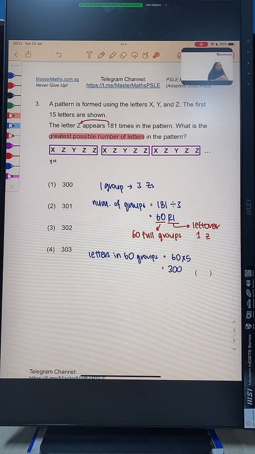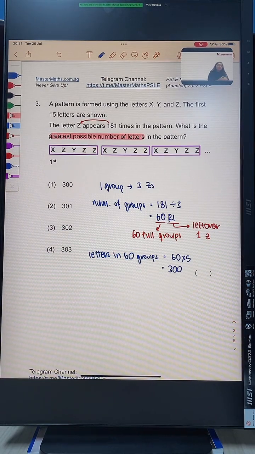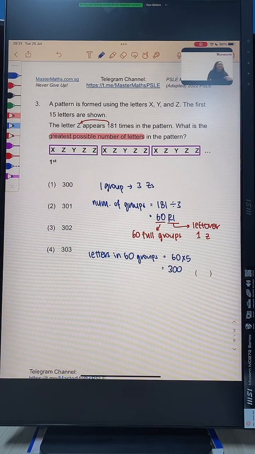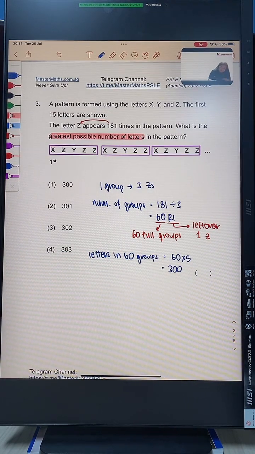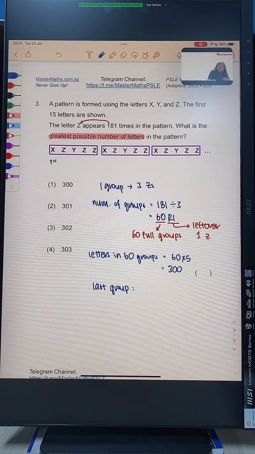Alright, so 300 plus 3. You may be wondering, where did the 3 come from? Let me show it to you, alright? We have 300 already, but we still have some leftover letters.